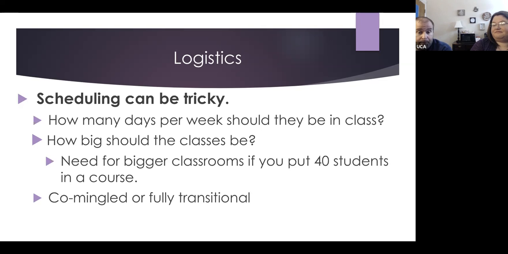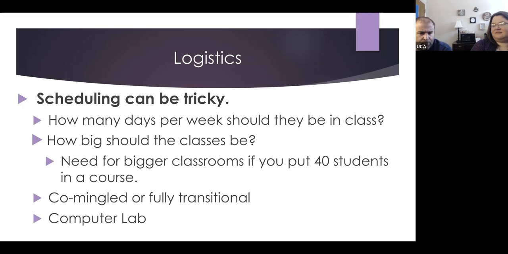So we've done some research and some experimenting on our own with that idea, and we'll share what we've landed on when it comes to a commingled or fully transitional approach.